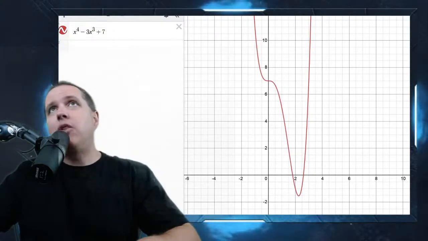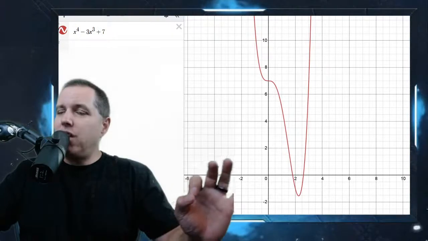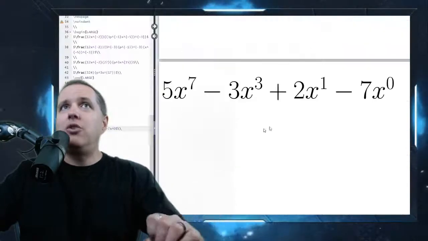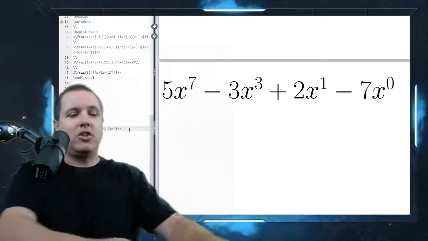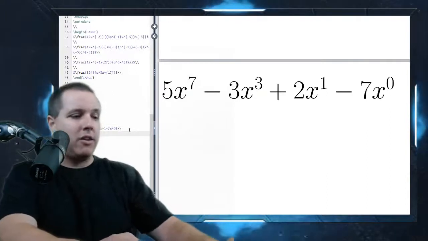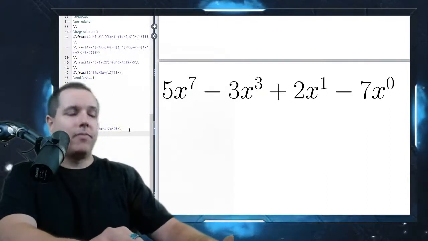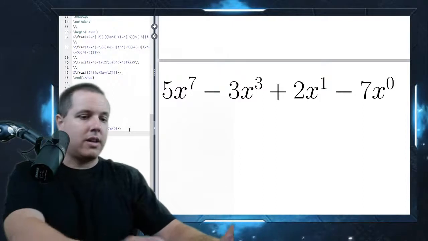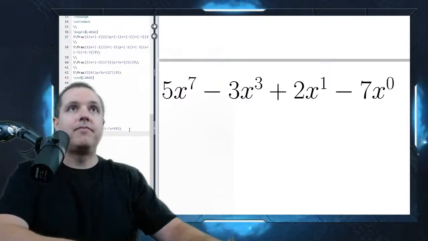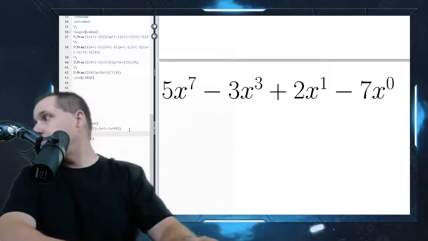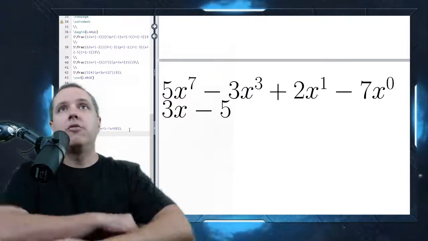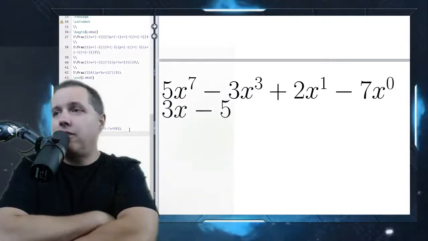You've actually dealt with polynomials already, but you've dealt with special polynomials that we usually give special consideration to. So for instance, consider the polynomial 3x minus 5. That's a polynomial, right? It fits our definition.